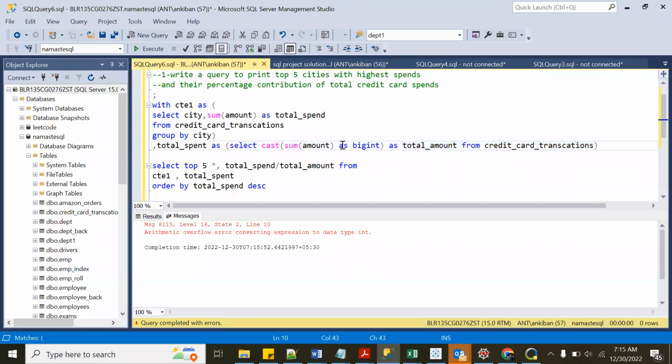We are not able to convert it to int because this amount is becoming very high, right? So let me do this. I will convert the inner one to big int. Big int is like 64 bit and int is 32 bit. So let's try this one.